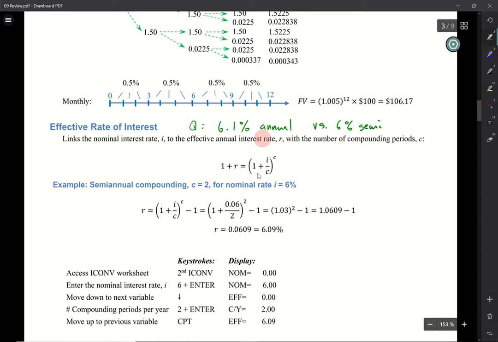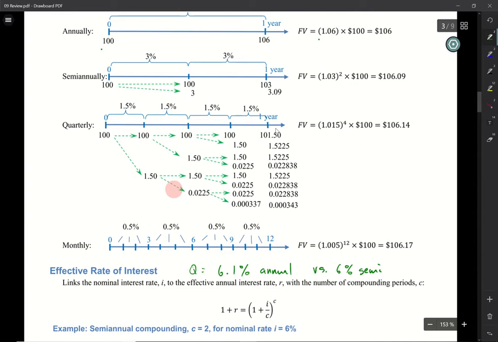And so you might go with the 6.1 annual interest rate and say, I'm going to pass on the 6% semi-annual because I know that really it's going to net out to 6.09%, which is a tiny bit less than the 6.1. Okay, does that make sense? So this effective rate helps you net out.